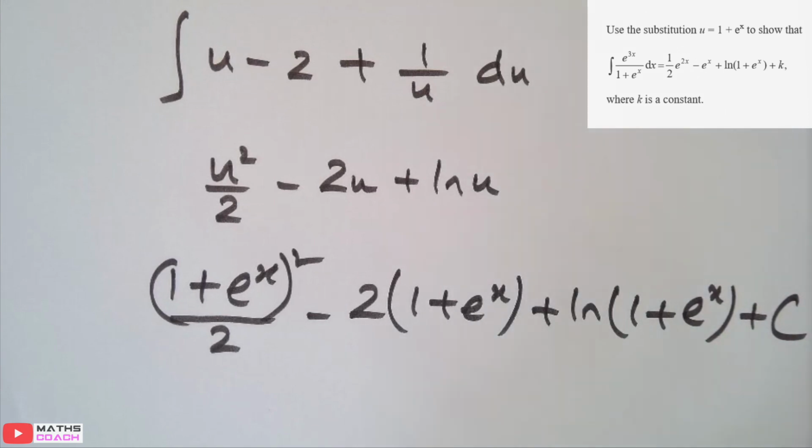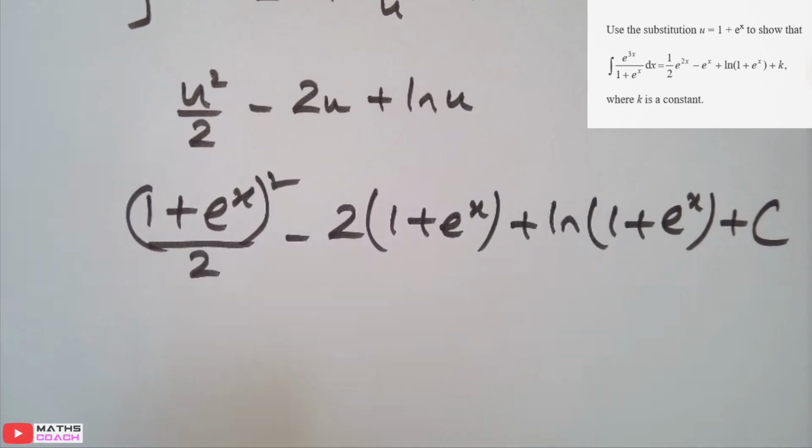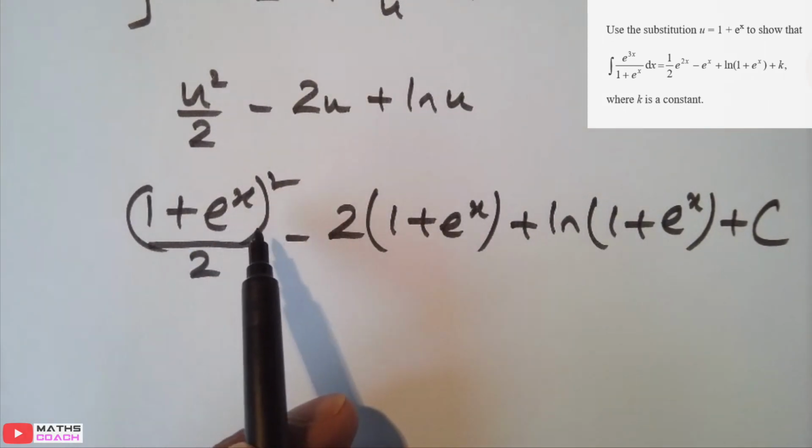Now that on its own is quite messy, so we need to try and get the right hand side. The best thing to do now is to expand the brackets. So it's going to be our next line. We have the expansion of 1 plus e to the x whole squared.